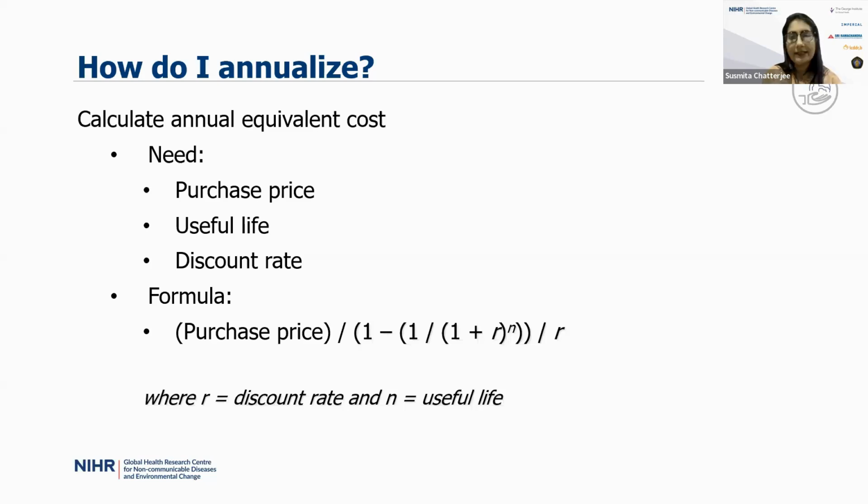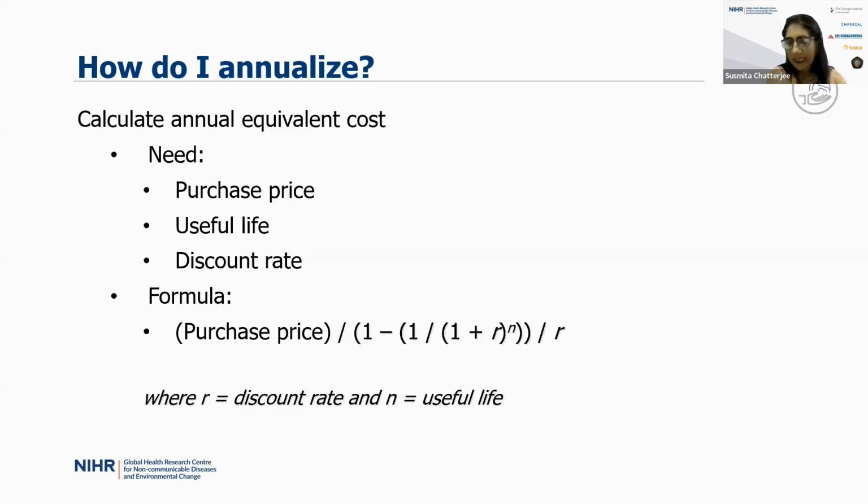After 10 years, the benefit will be less than what I'm getting now, isn't it? So for the 10 years benefit, if I have to take it back to this year, I have to use something to discount this, because I prefer the benefit now.